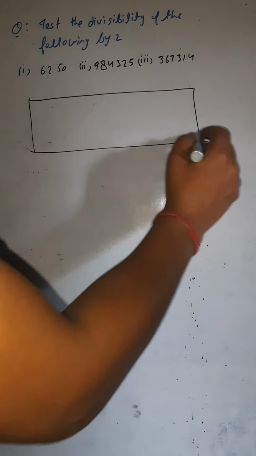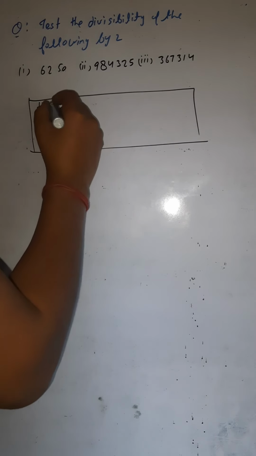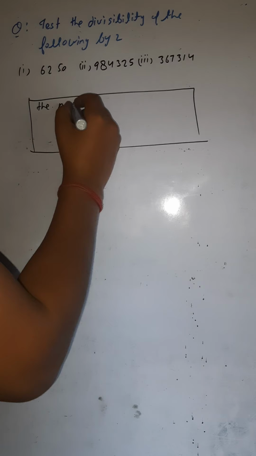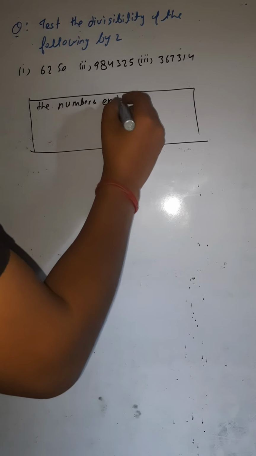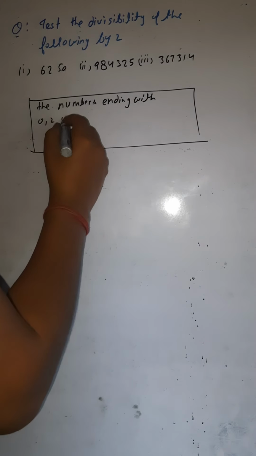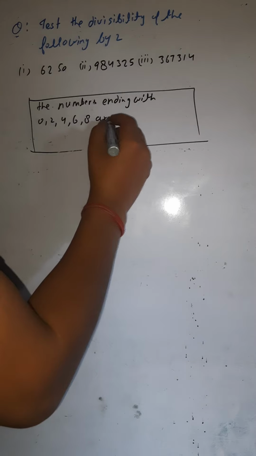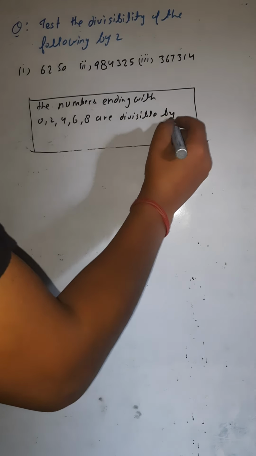Okay. Here you write the numbers ending with 0, 2, 4, 6, 8 are divisible by 2.